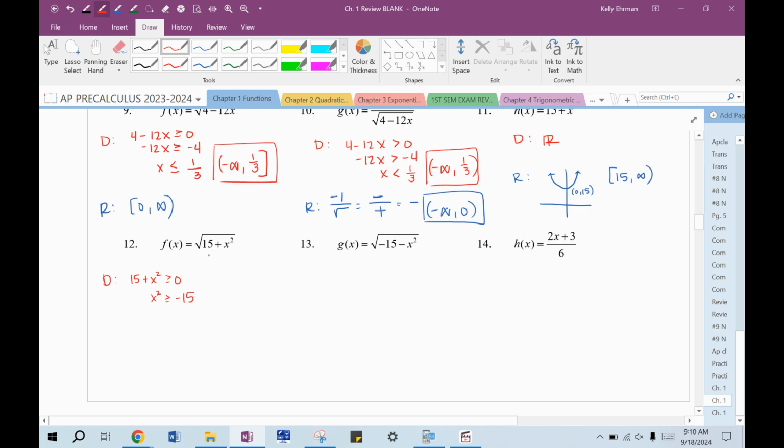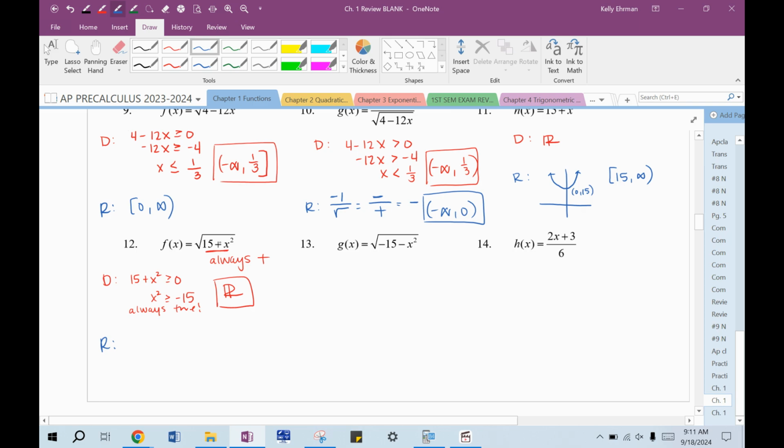So x squared plus 15 is always positive. That means that this inequality is always true. And if that's the case, it just means I can plug in whatever I want. So the domain is all reals because I can't get anything to be negative if I'm plugging into 15 plus x squared.